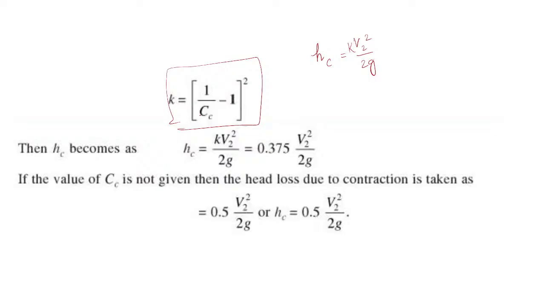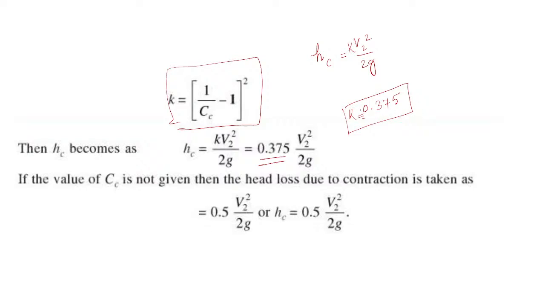As a standard, the K value is taken as 0.375. Keep the K value in mind as 0.375 as far as the numericals are concerned.